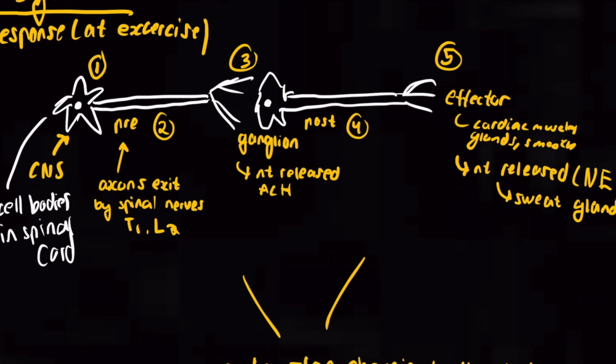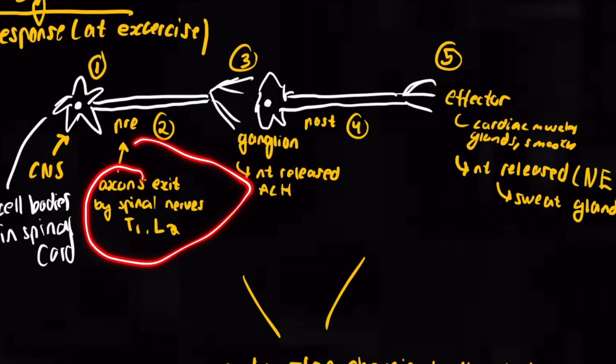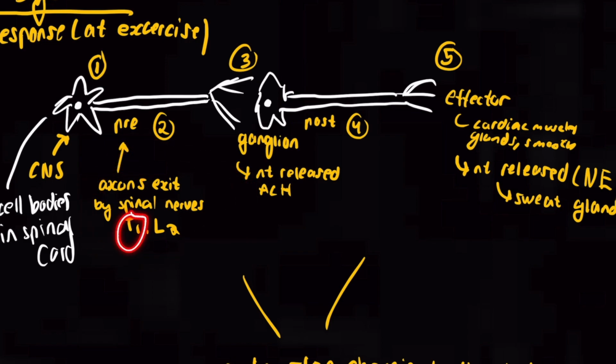This will basically go from the central nervous system, exit through our spinal nerves from our thoracic 1 to our lumbar, basically near the back, and it will then exit through those spinal nerves, go to our preganglionic neuron, which is our step 2.